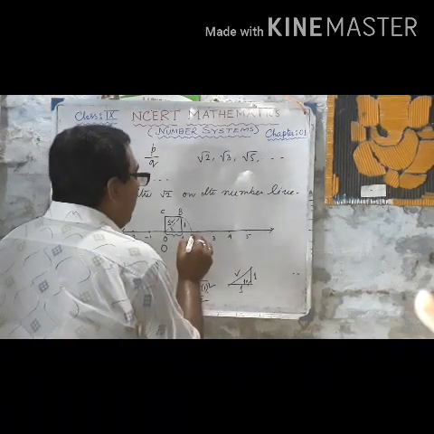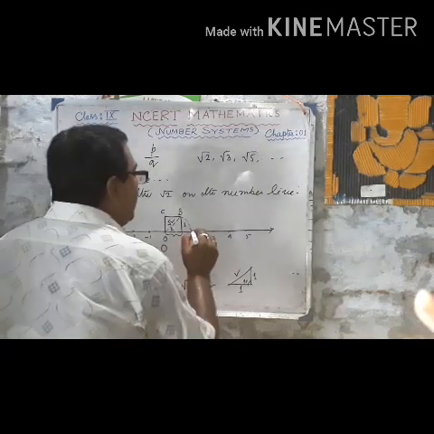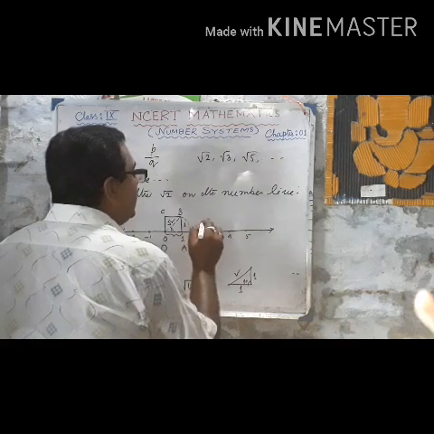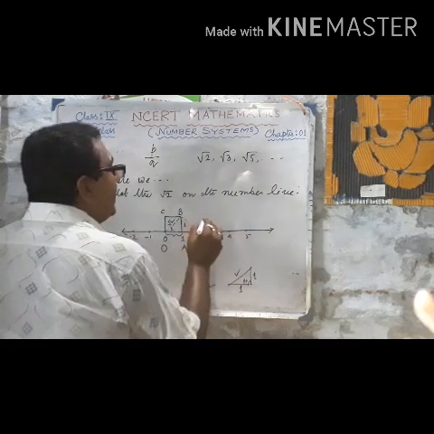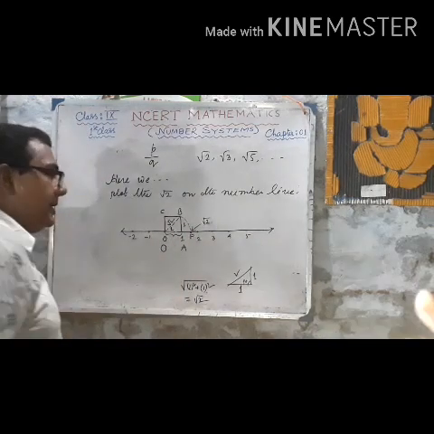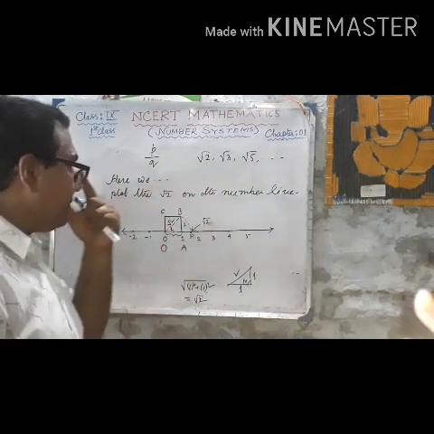So we get the point P, and the point P represents root 2 on the number line.